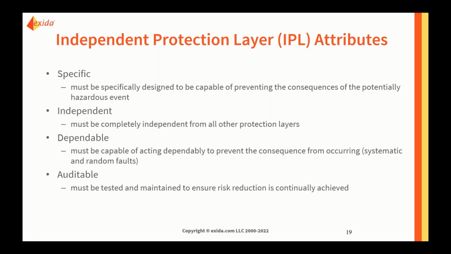And that is, and it's laid out in the standards in quite a lot of detail, that during our operation and maintenance and use of the equipment or the process, we need to be able to confirm that our estimates for our different initiating event frequencies and protection layer effectiveness can be compared to that operating behavior. So that closing of the loop between our estimates in the risk analysis phase and our actual observations during the operations and maintenance phase is another requirement for each of our protection layers.